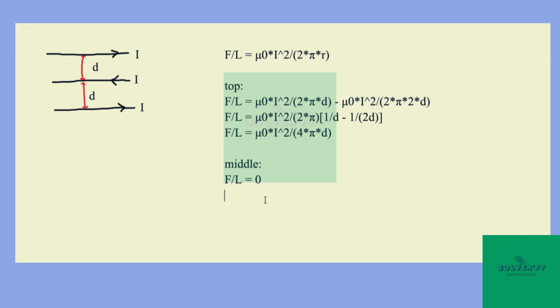So we're going to get the same result as for the top wire, and we don't need to do any new calculations because the problem is symmetric. To find the direction, remember that the middle wire is closer, so the force from it is going to dominate. These currents are in opposite directions, so the bottom wire will be repelled by the middle wire, which means it will be pushed downwards. So the force is going to be down.